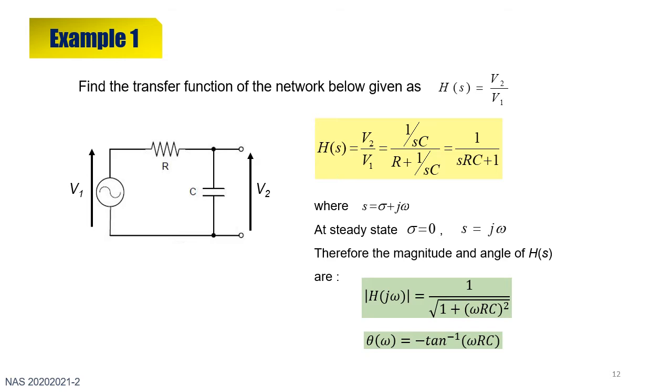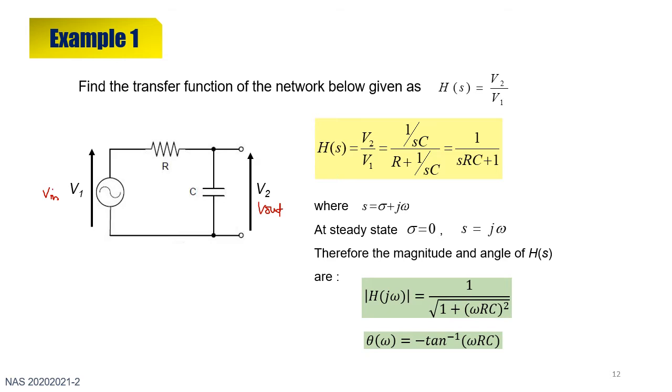Okay, let's look at the first example on a circuit. Basically a circuit represents a network, which shows the relation between the output and the input. In this case, we assume that V1 is the V in, the input, while V2 is the V out.